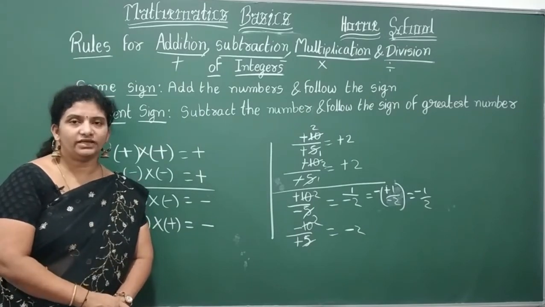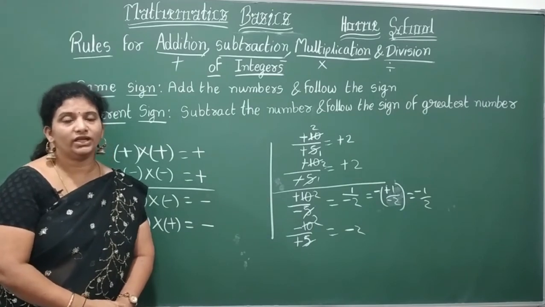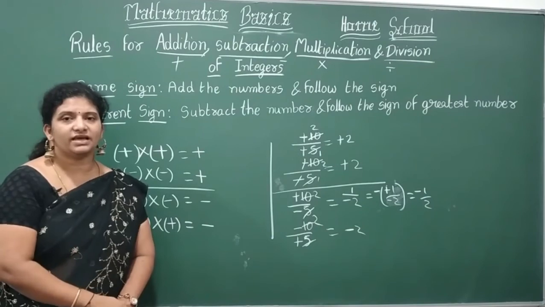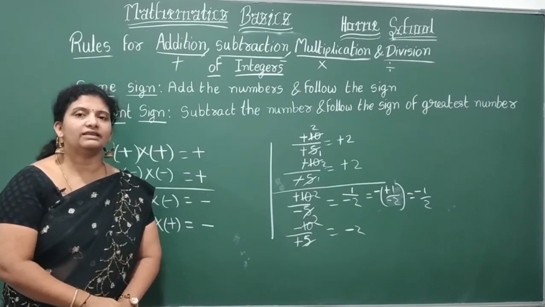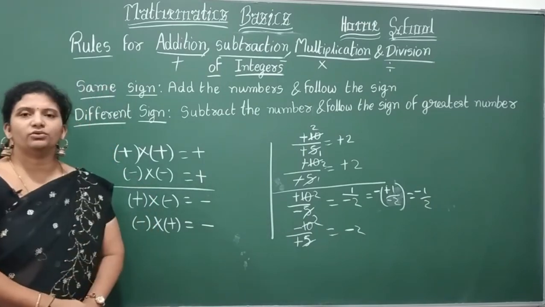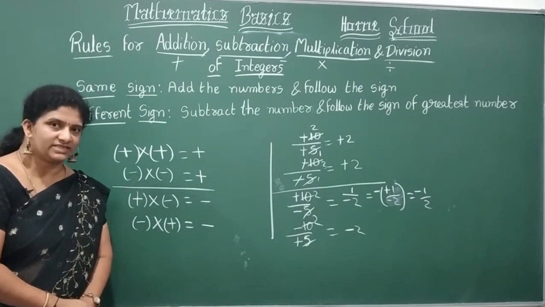The addition rules of integers: okay, if both signs are same, what we need to do? We need to add and take the sign they have. Suppose any one sign is different, what are we going to do? We are going to subtract and take the sign of the greatest number. Multiplication: if both signs are same and you multiply, you will get a positive value.